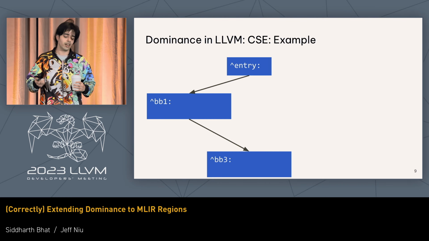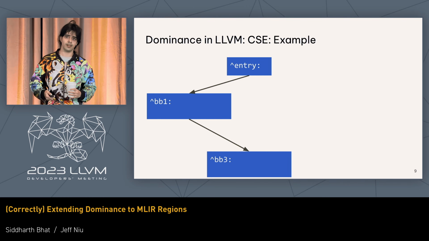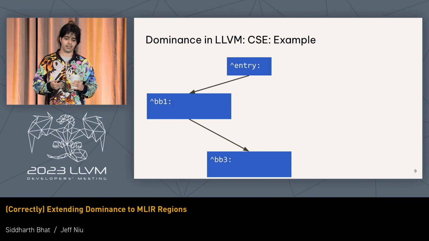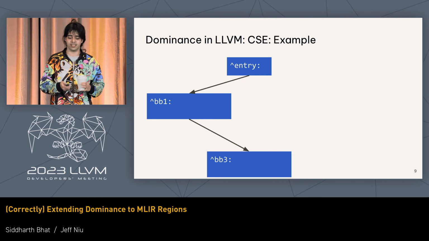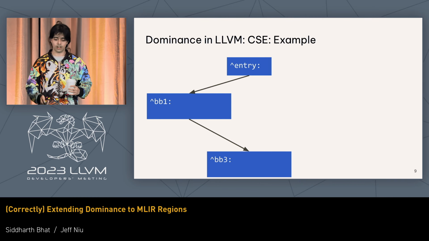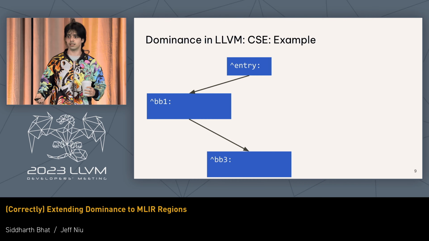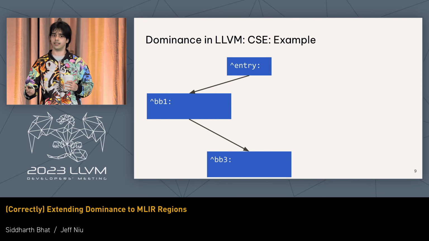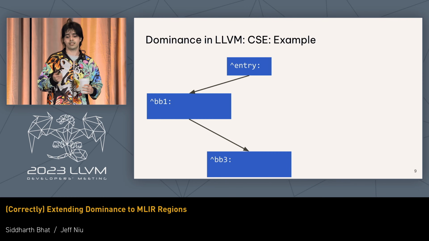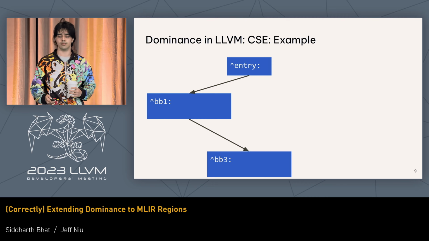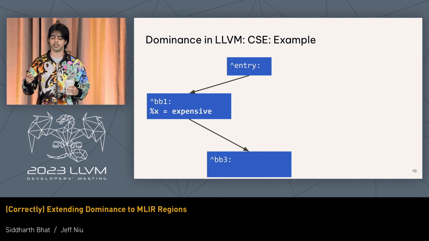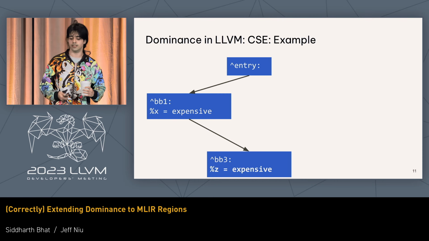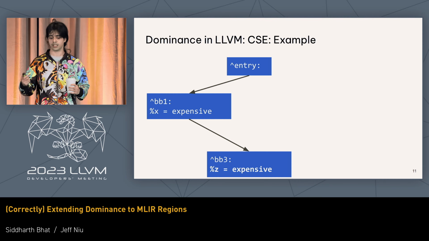Now we use it to define legality, but do we ever need it in any real situation? Is it actually useful? Can we just ignore it? The answer is, dominance is generally used by passes which try to reason about variables, reachability and liveness. Let's take an example of common subexpression elimination. Let's assume we have this variable x, which computes something really expensive, and then we also have z, which again computes something really expensive.